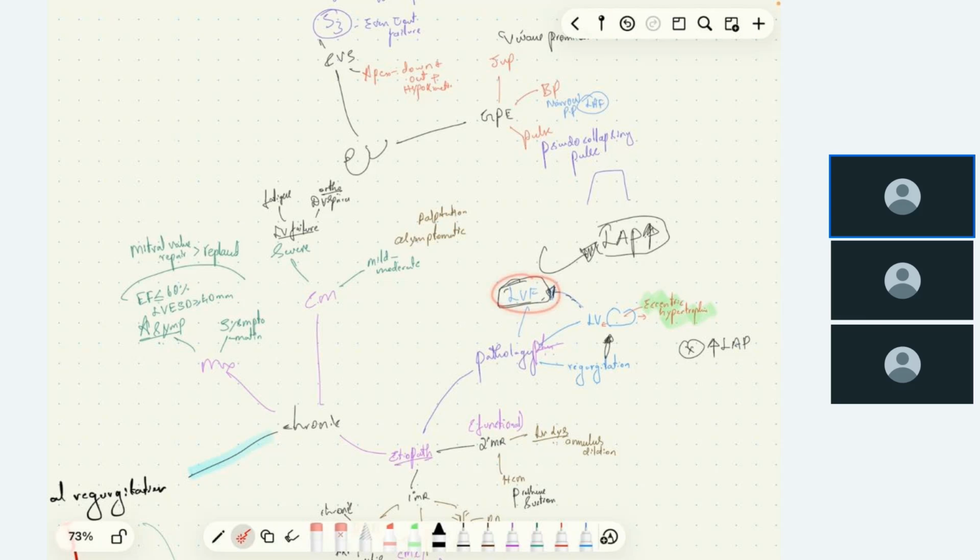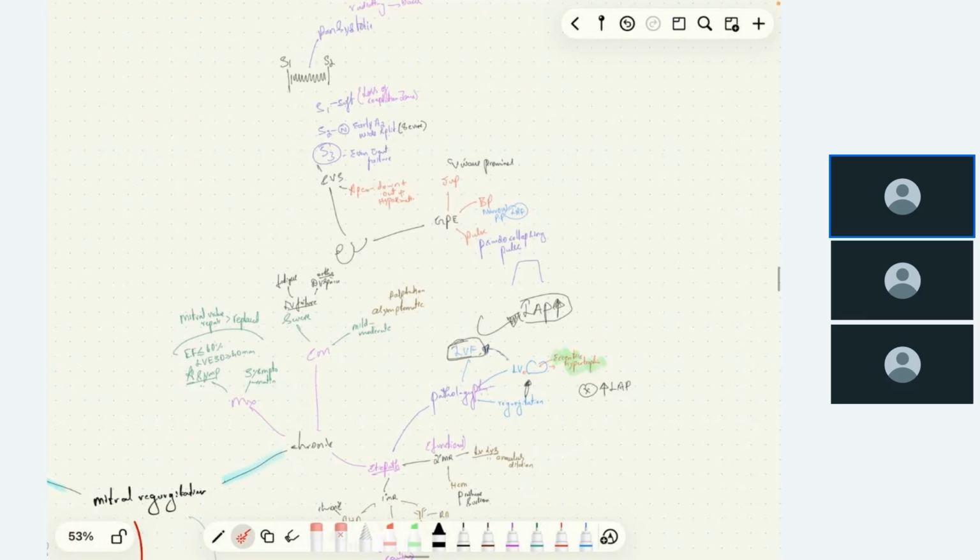We know the features of left ventricular failure. Due to reduced perfusion, there will be lightheadedness, there can be syncope, there can be fatigue. Now, due to back pressure, due to left atrial pressure increase, the patient may have dyspnea and orthopnea. And also other features of left ventricular failure we can see here.